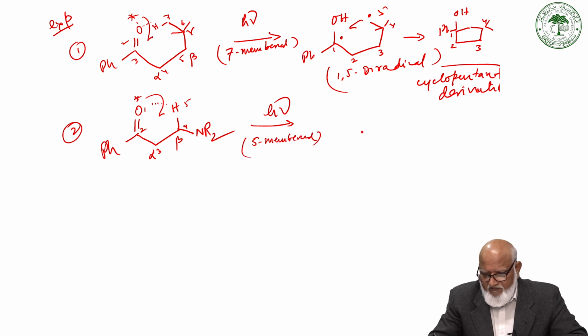After abstraction of the hydrogen atom from the beta position, we end up with an OH here, alpha beta, and then you have a radical here. There's a Ph here.